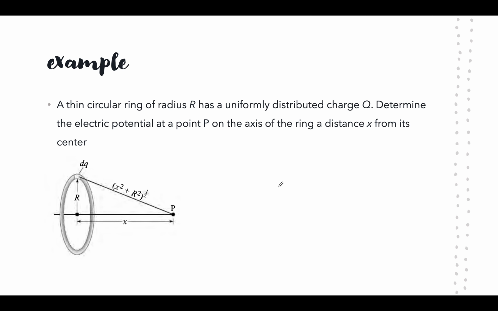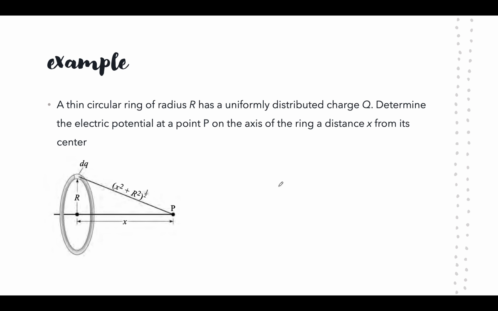Now, in this case, we don't have to worry about components or anything like that because this is potential. Potential is a scalar quantity, so we don't have to worry about components, symmetry, and all that.